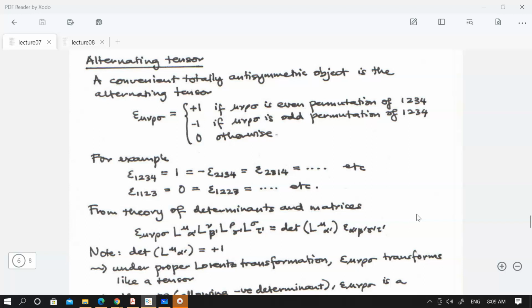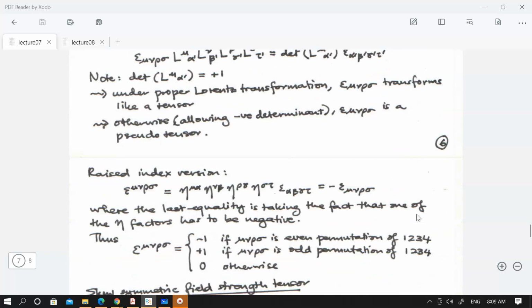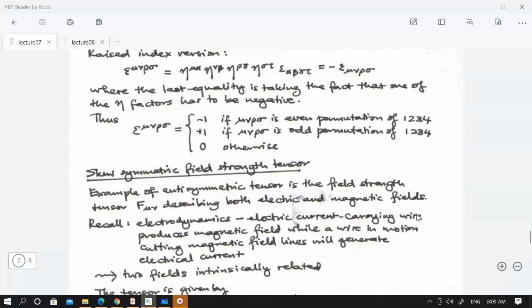Particularly, you have four indices instead of three, and you'll find that the upper-index alternating tensor has a different definition from the one with the lower index.